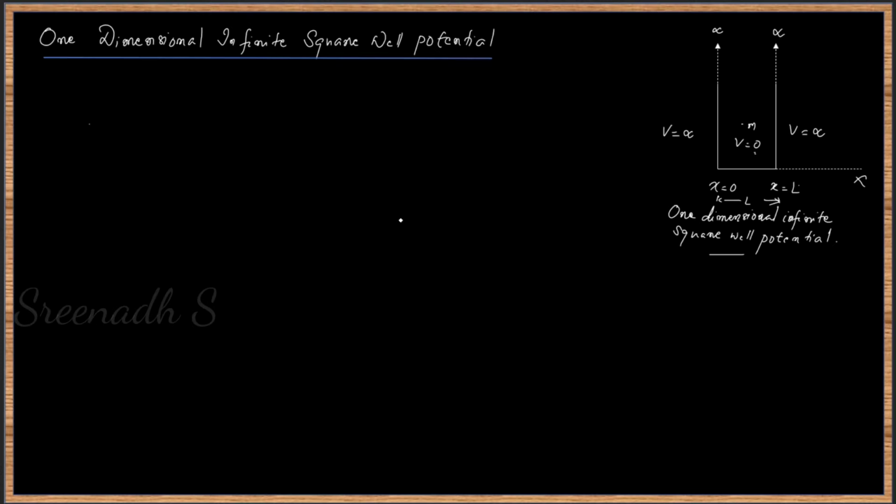How can we derive the possible energy values as well as the wave function of the particle inside the box? For that we have the Schrodinger time independent equation.